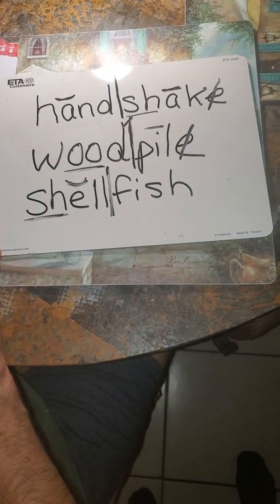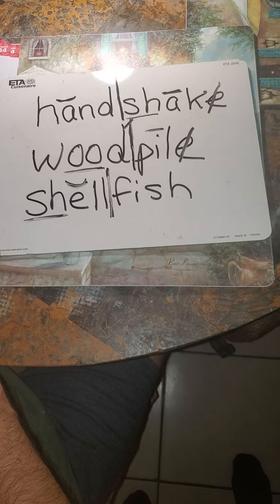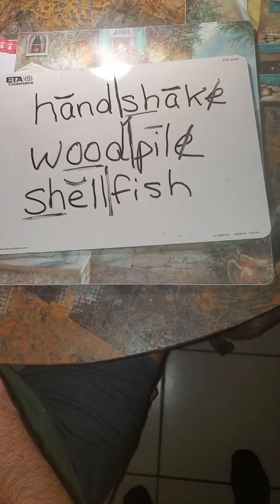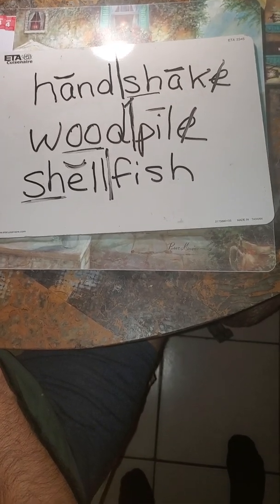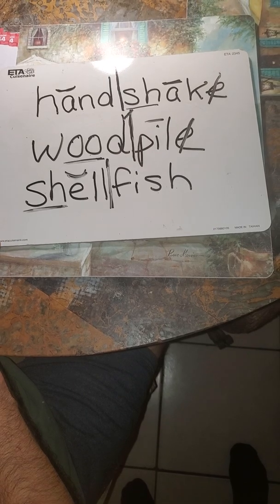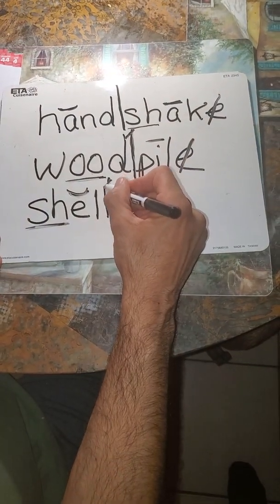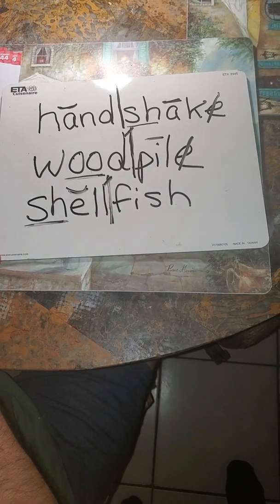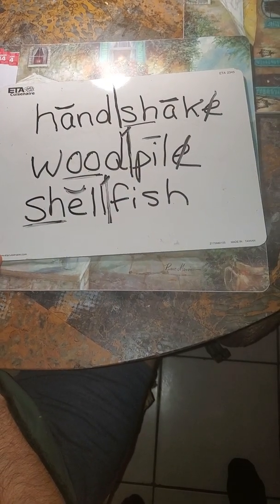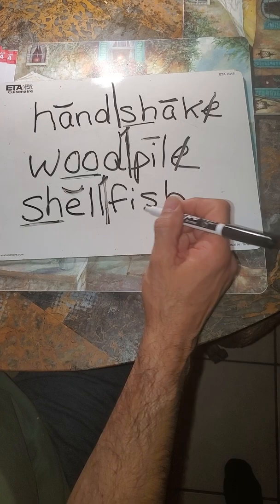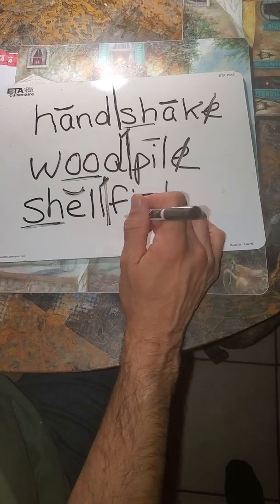Okay. Don't forget though, we're missing one little point here. Is there an accent in this word? Yes, there is. Shell. Right after the second letter L. I'm going to make an apostrophe right there. All right, let's go to the second word. Fish.